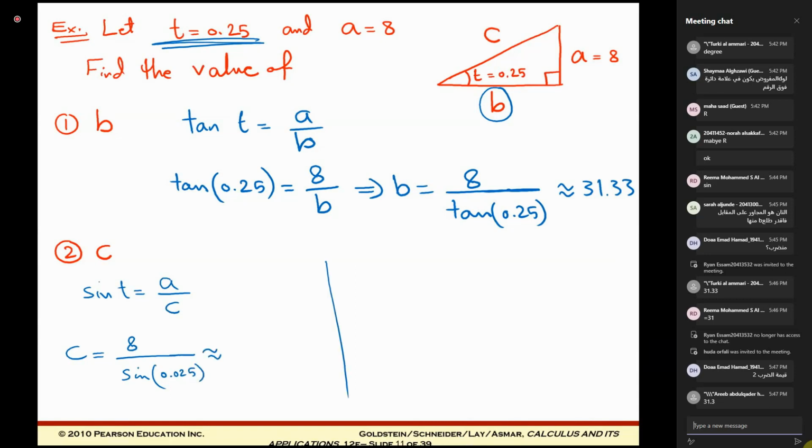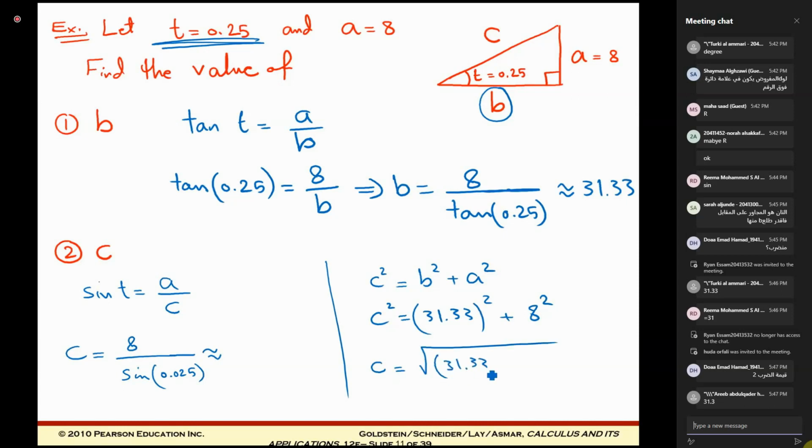Or we can find C by C squared equals B squared plus A squared. So C squared equals 1.33 squared plus 8 squared. So C equals the radical of 1.33 squared plus 8 squared.